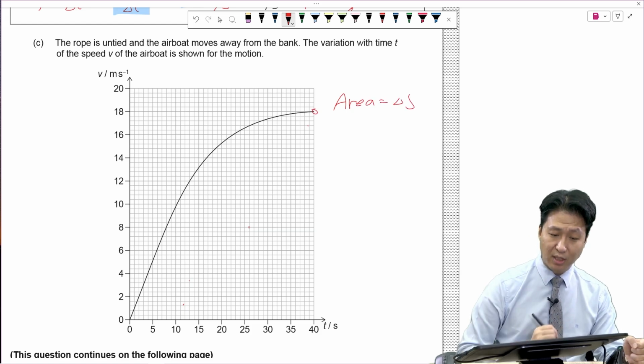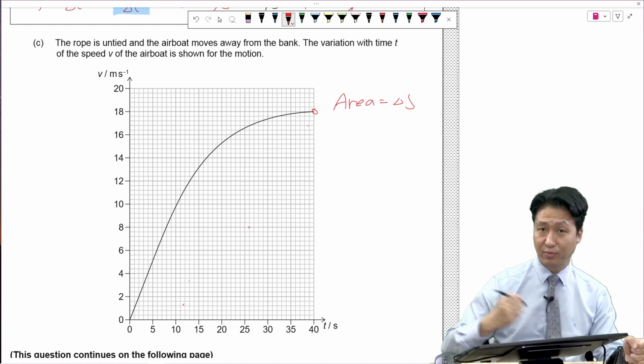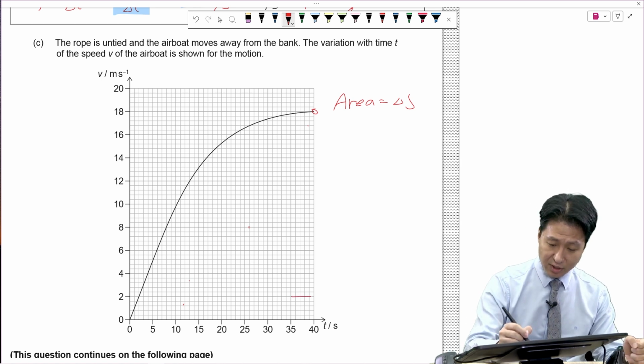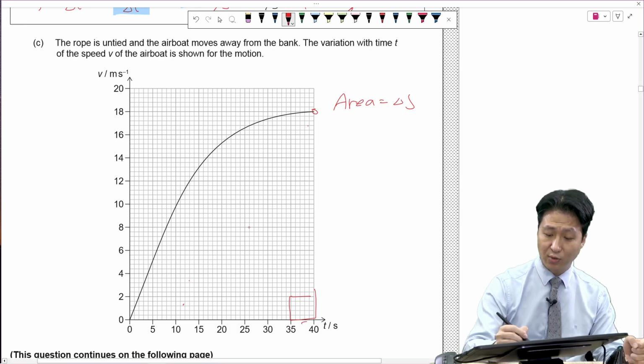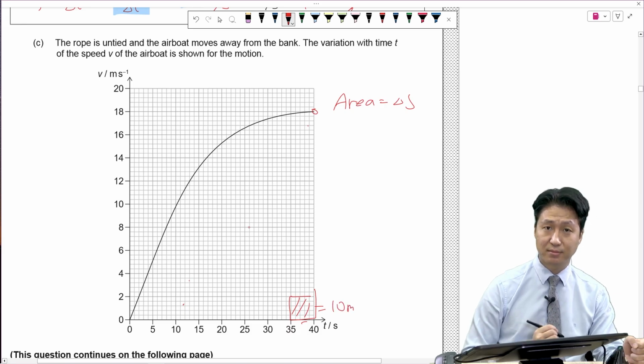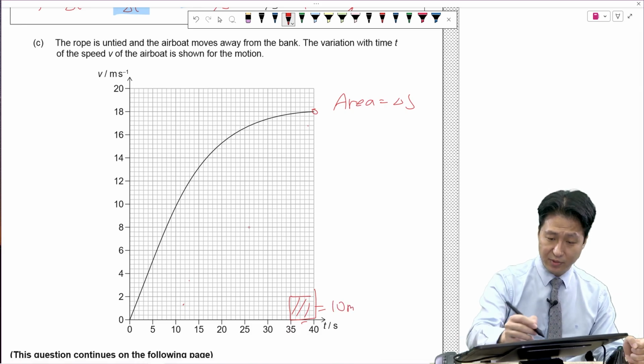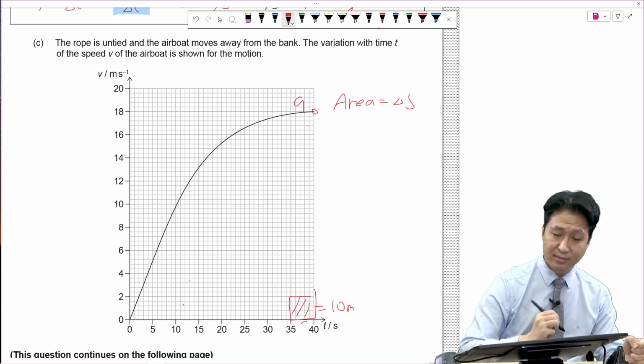Now, assume that maximum velocity will go up to 18, so it's a full graph. If you see one of these squares, it has a base of 5 seconds and a height of 2 meters per second. So each one of these squares is equal to 10 meters. If you count them up, the first column here will have about 9. The second column will also have about 9.